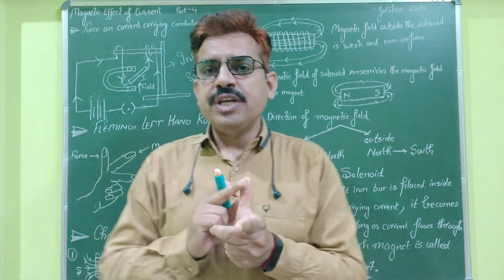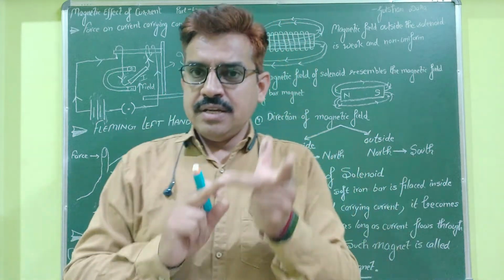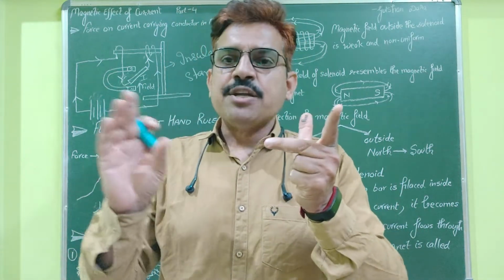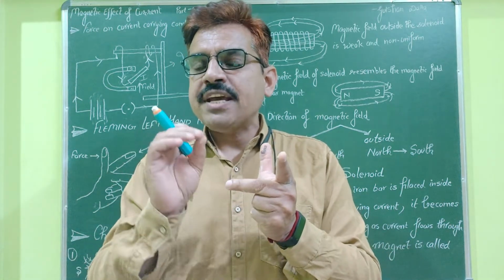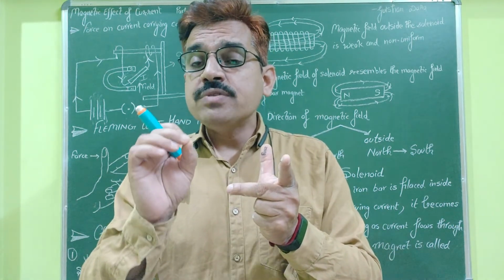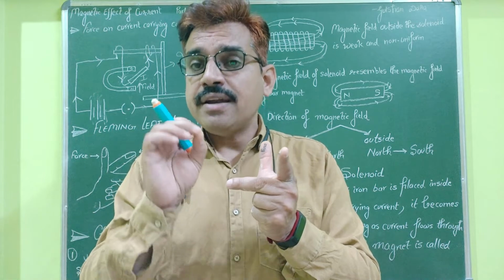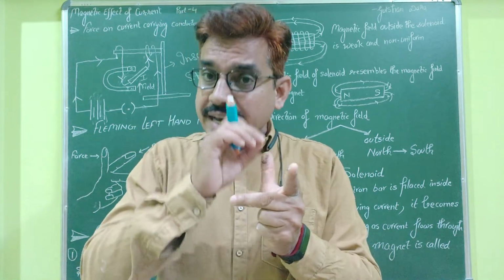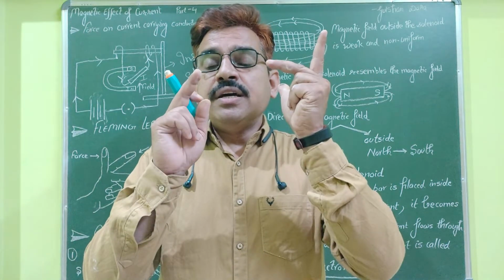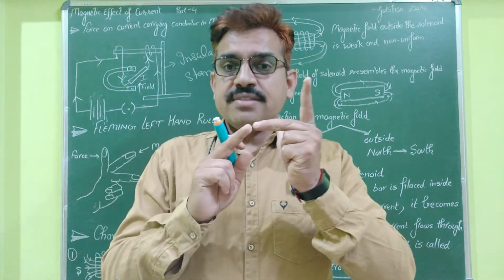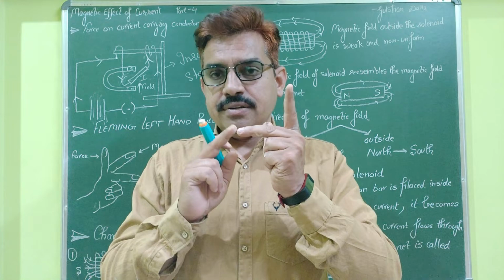I want to share one more thing about the application part. Application means when we do numericals or problems related to the Fleming left hand rule and the movement of an electron is given.